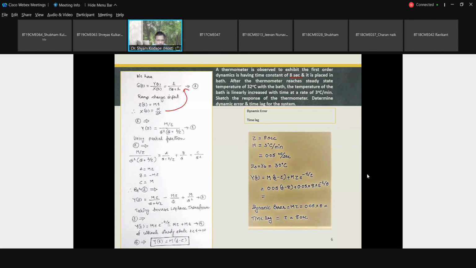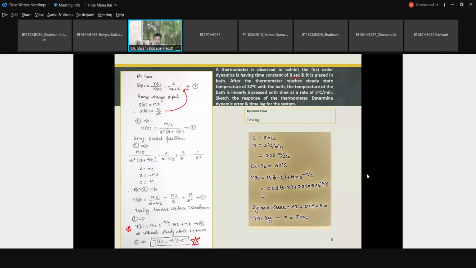Equation number 4 is very important. At ultimate steady state, when t tends to infinity, y(t) is equal to mt minus tau.